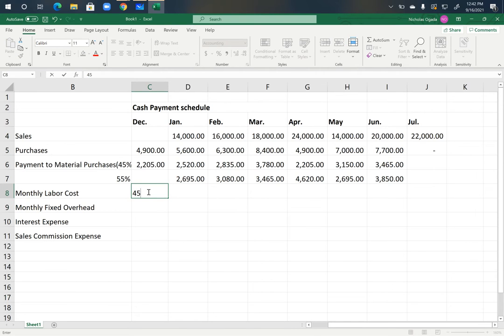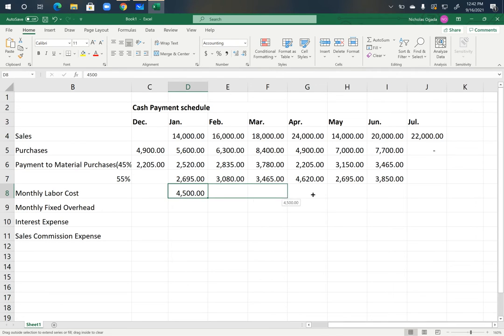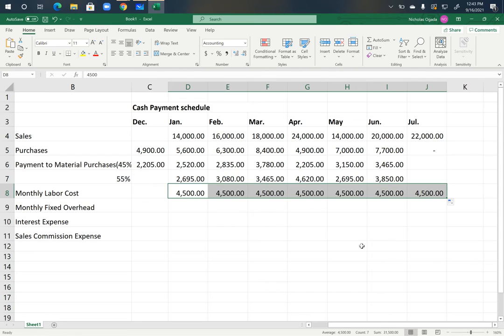Again, I don't need December, I need from January moving forward. So the labor cost is 4,500 a month.